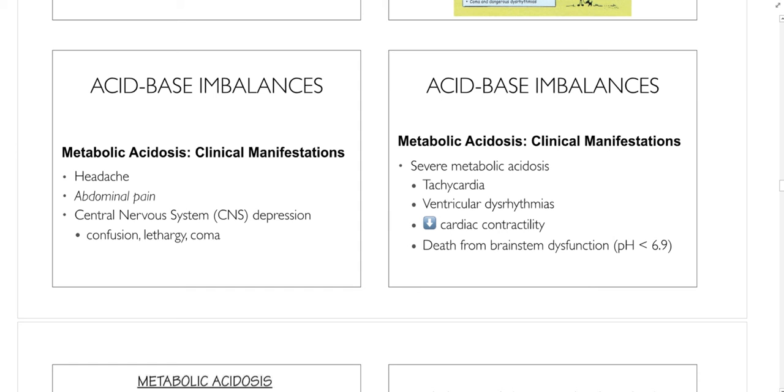You're going to see patients with blood sugars in the 600s perhaps, or 400. They're going to have very fruity breath because ketones are very sweet smelling. Their urine is going to be very sweet smelling, and yeah, they're going to be very acidic. So some of the manifestations of this are going to be headache, abdominal pain, CNS depression, confusion, lethargy, coma.